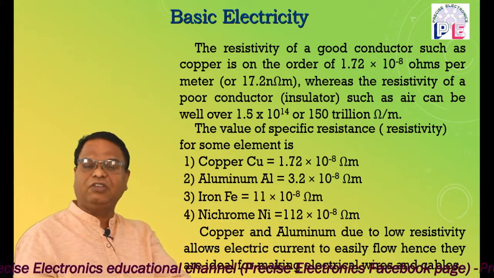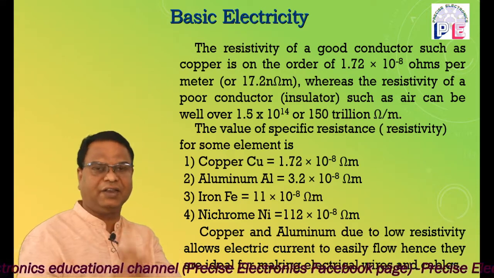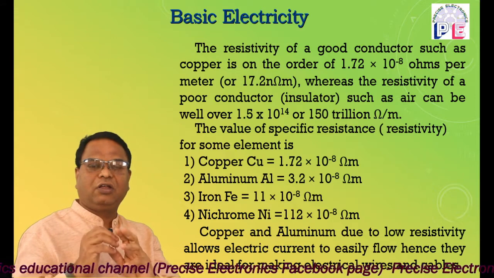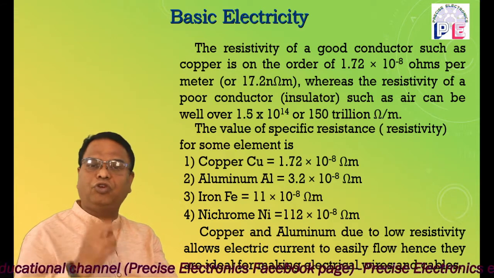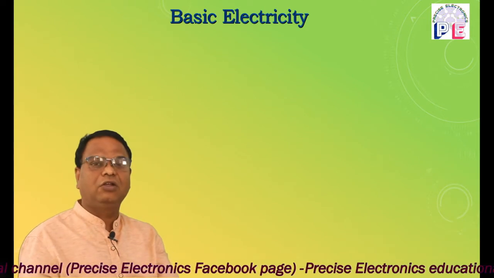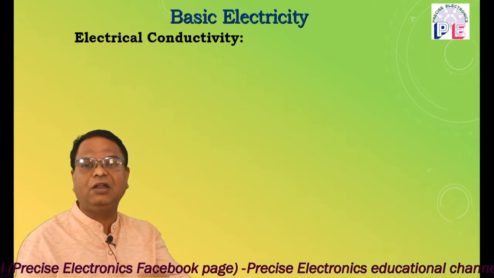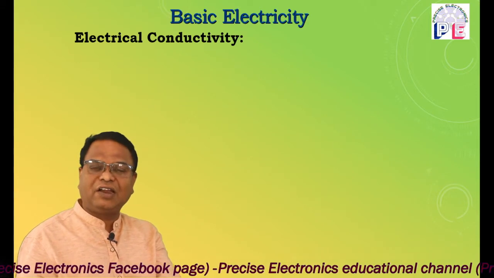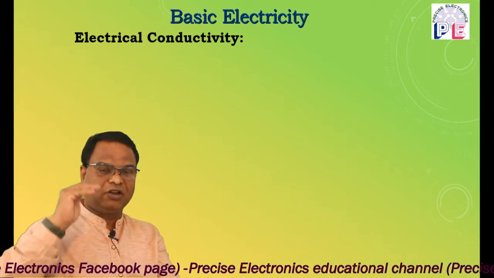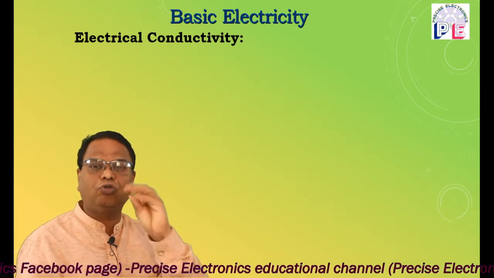Friends, that is resistivity, the specific resistance of electrical material. Resistivity is the opposition to the flow of current. But in an electric circuit, conductivity is one of the main factors. So we have to find out the electrical conductivity. What is electrical conductivity? Resistivity gives how strongly that material opposes the current.